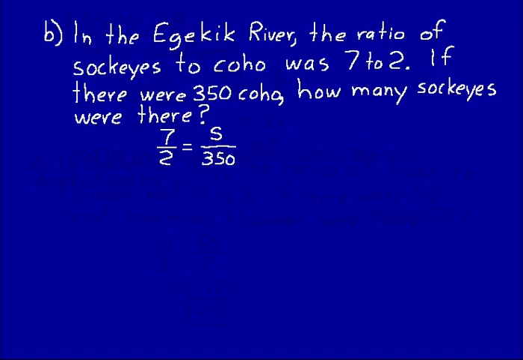So now we just need to cross multiply, and so we'll have 7 times 350, which equals 2,450, and then that equals 2S. And so we just divide by 2, and we get 1,225. That's how many sockeyes there were.